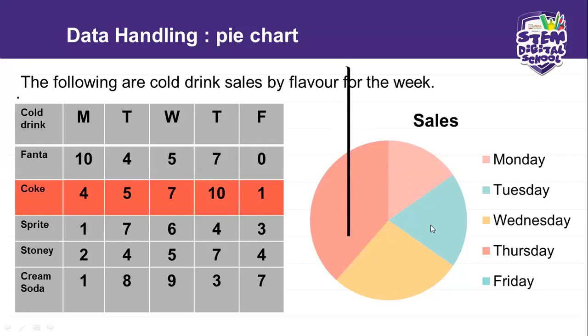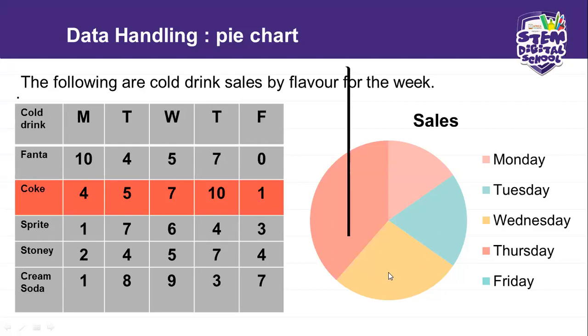Look at the sizes there. All right, what color is this? Some light yellow. Okay, I hear Wednesday. Well done. On Wednesday was the second highest, and then the third highest.